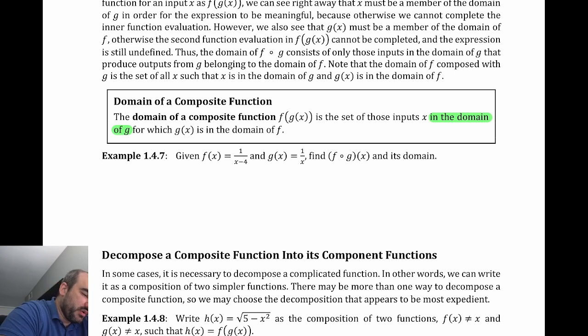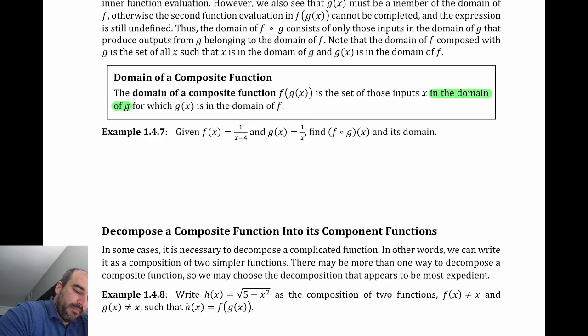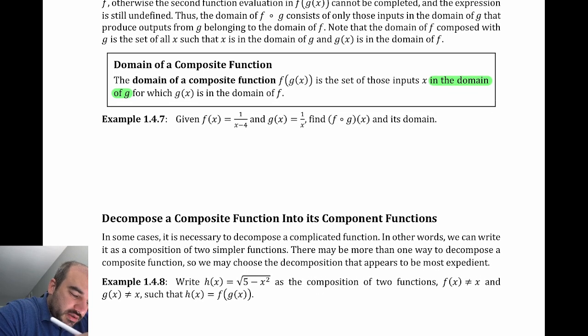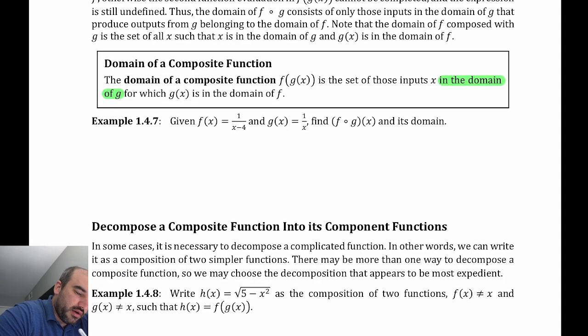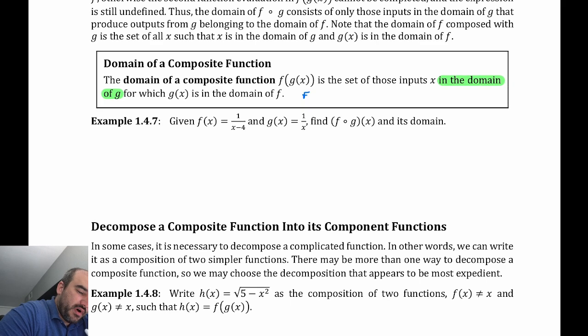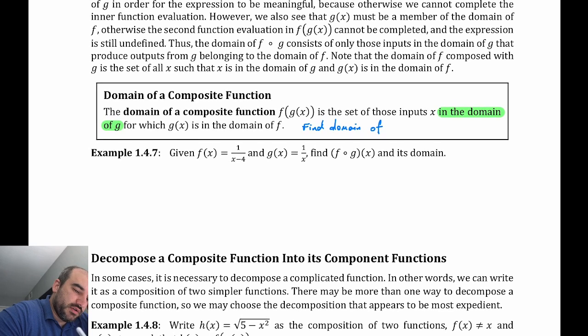So how are we going to work with that? We're going to do two things. I don't know why there's a little apostrophe on that x. We're going to ignore that. What we're going to do is find the domain of g of x and f of g of x, simplified.